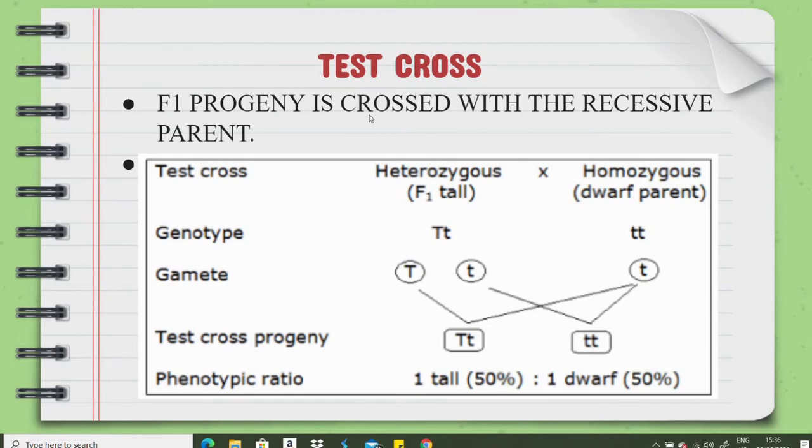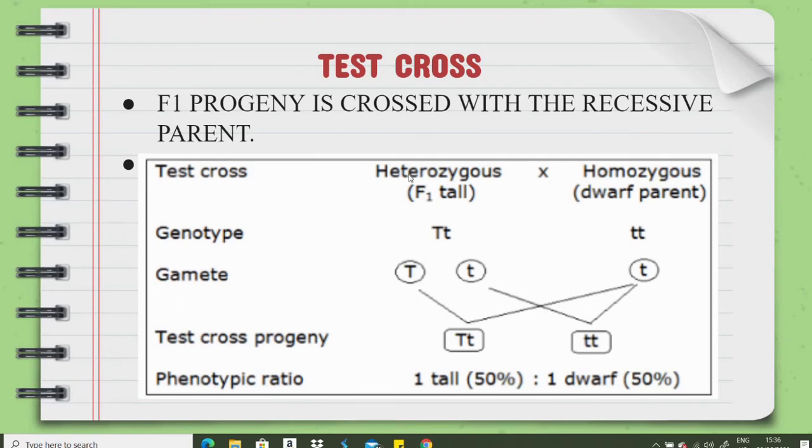In the test cross, the F1 progeny, the heterozygous progenies that we got in the F1 generation, are crossed with the recessive parent, the homozygous recessive parent. That kind of cross is known as a test cross.